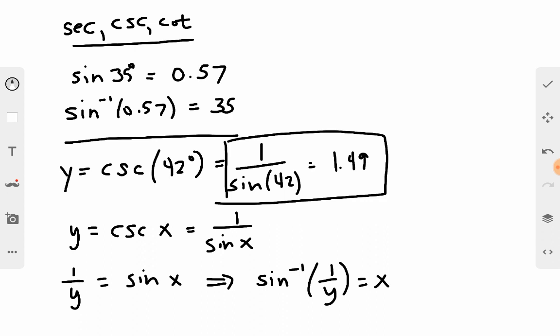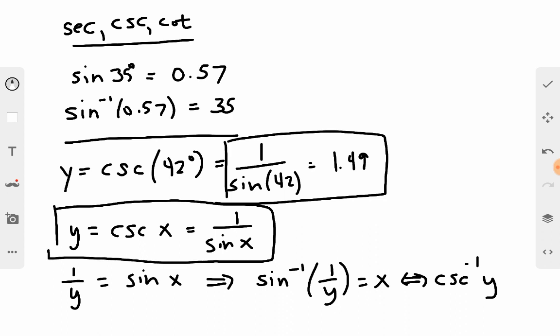Okay, that's the same as cosecant inverse y.